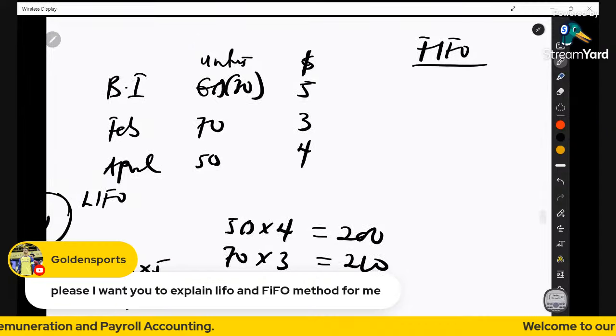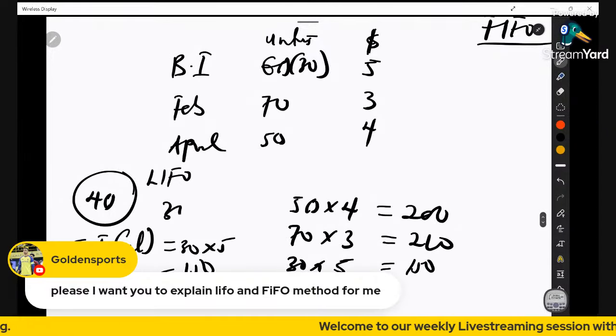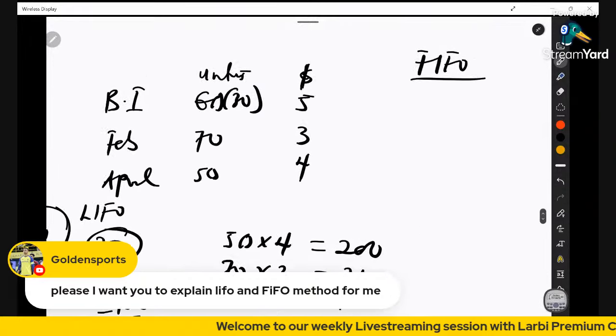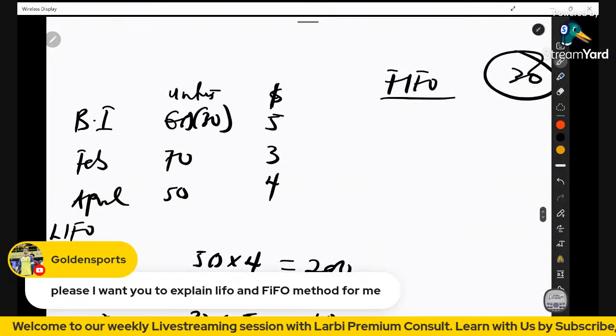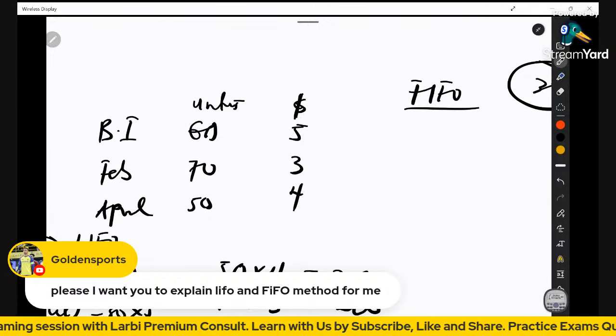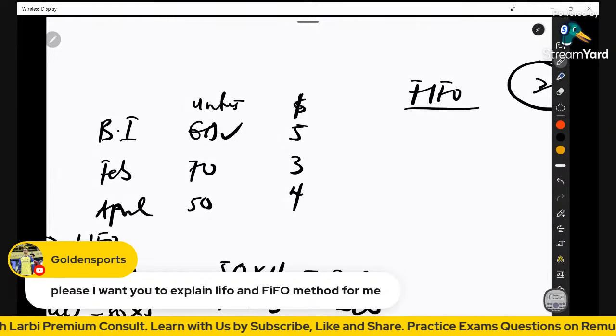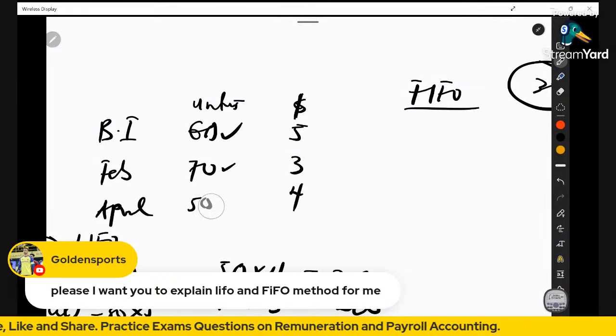Here we are using the same 30. Since we have an ending inventory of 30, let me capture that 30 here. First in, first out means that the 60 will go out first. So we have 60 going out, with its value multiplying. And then the 70 with the 3 also goes out, because April's own is 50.